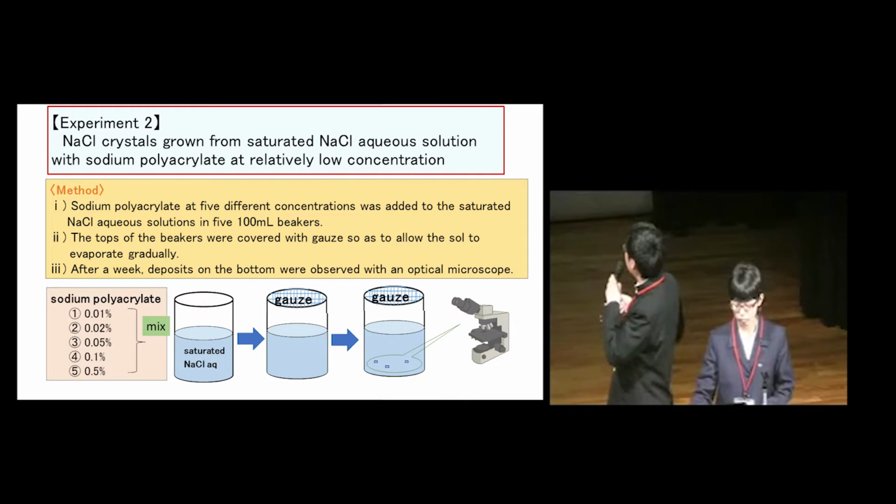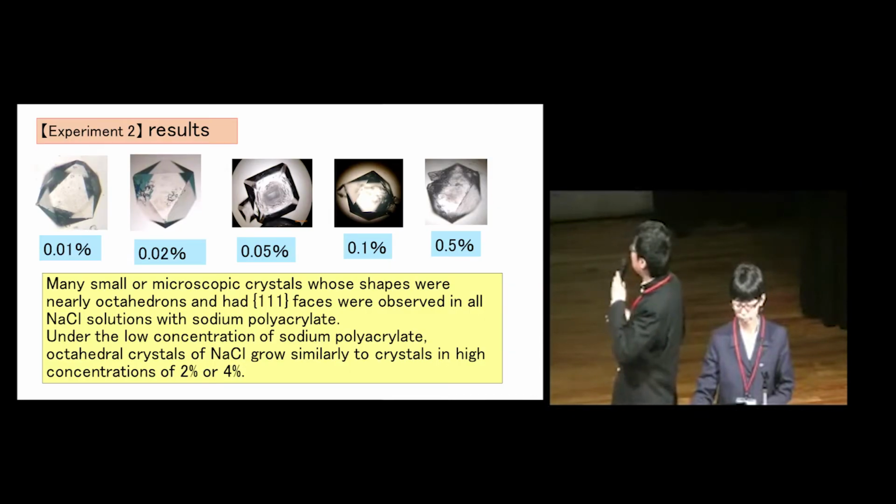After a week, we observed the deposit on the bottom with an optical microscope. These are the results. We observed many small or microscopic crystals which had 111 phases in all NaCl solutions with sodium polyacrylate. And this is similar to the crystals in high concentrations of 2% or 4%.